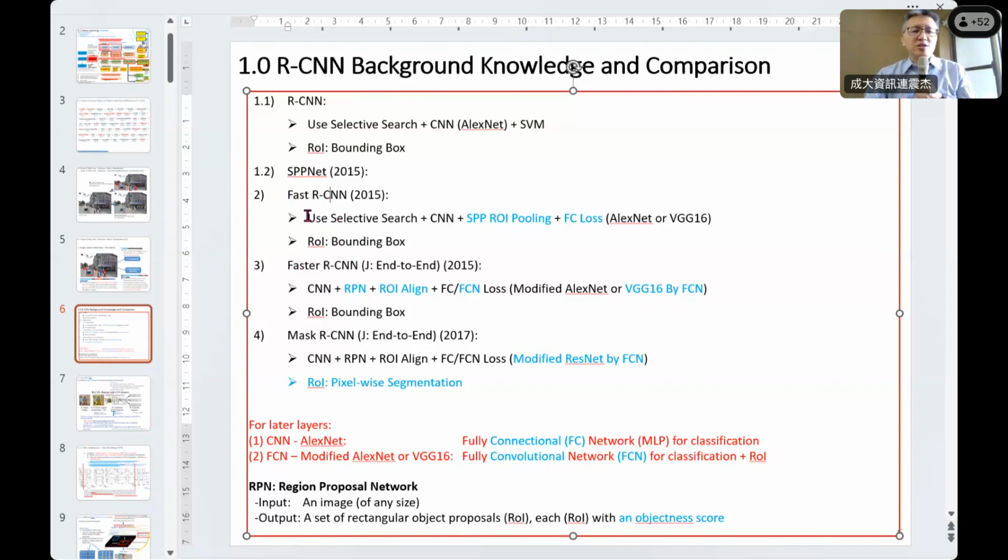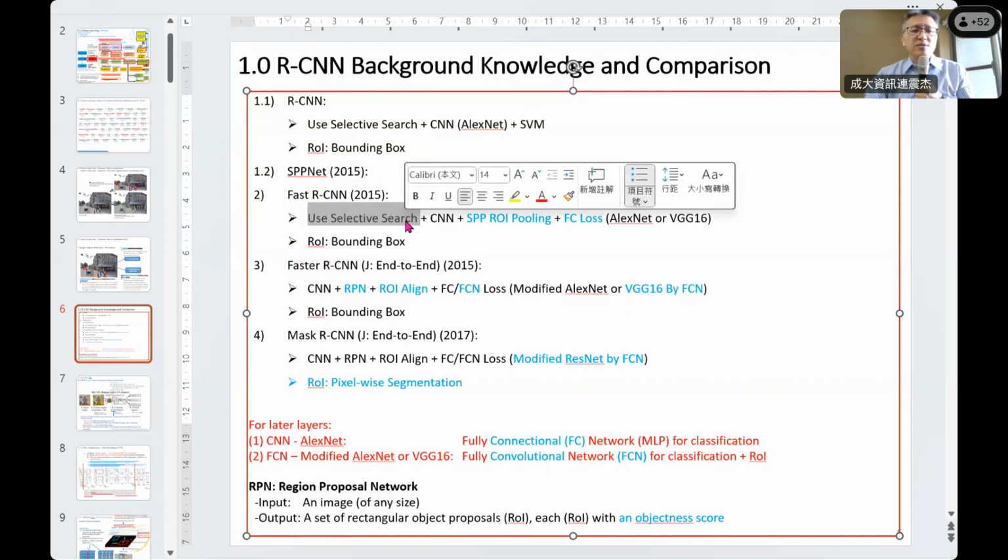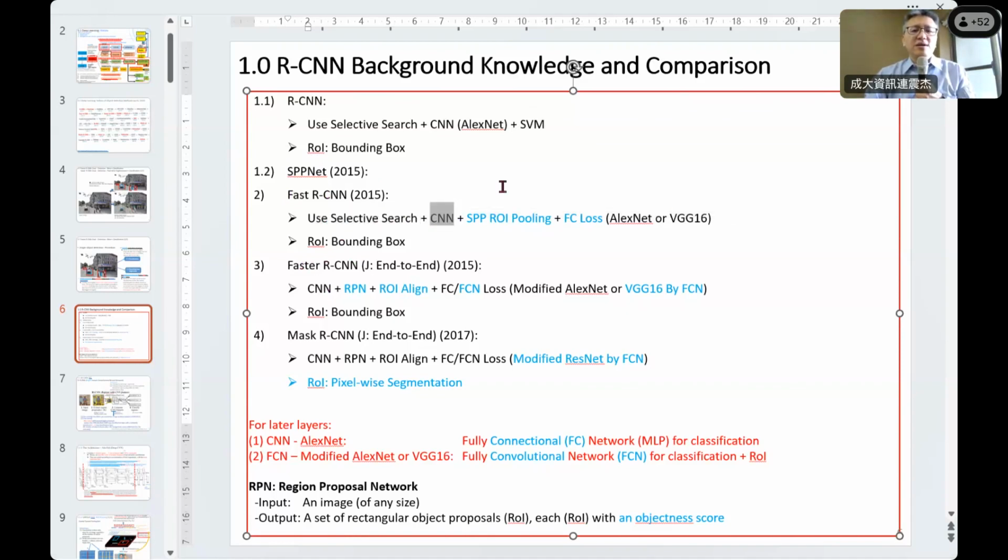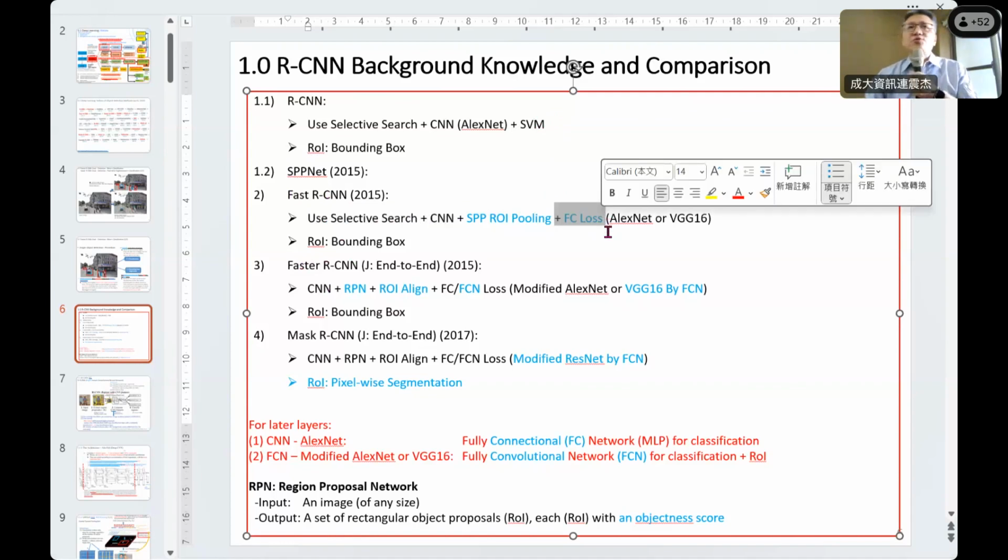So they still use computer vision, use CNN, but SVM is machine learning, so they don't use machine learning anymore. They start to use a loss function, a neural network instead of SVM.